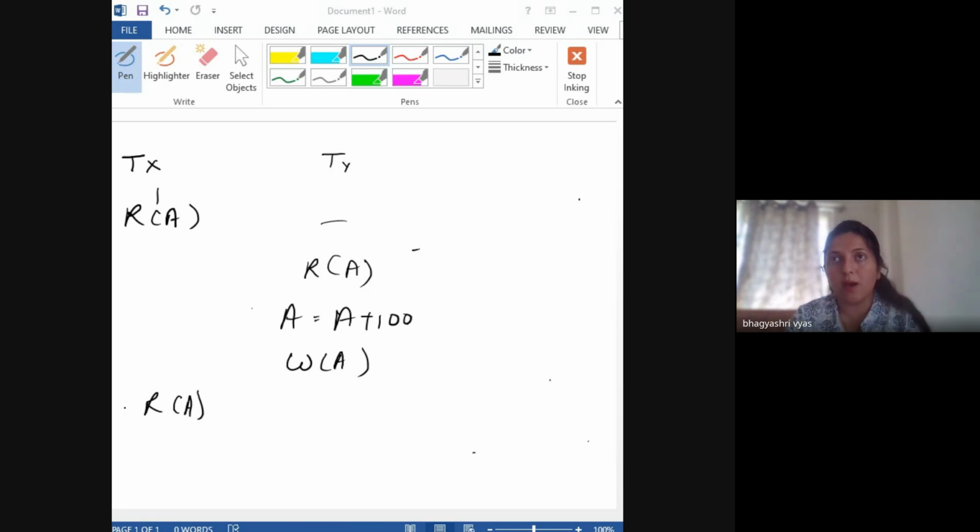So a person does not know what is happening at the other end. Transaction 1 and transaction 2 are not talking with each other. That is why this unrepeatable read problem happens. Second, in technical terms, we can say that our transaction system is isolated.